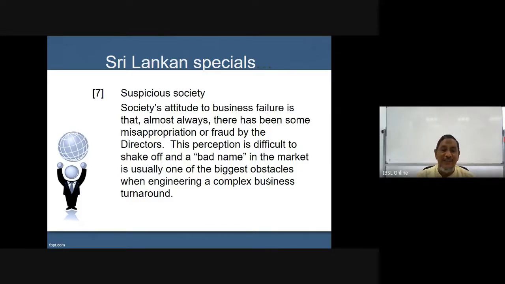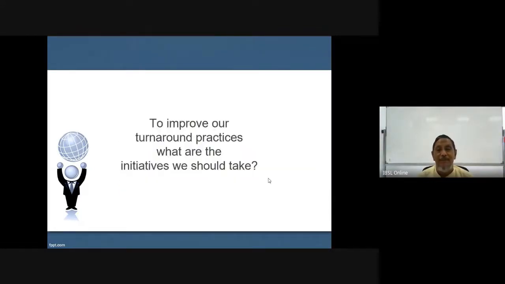CDB Development Finance, Centric Lanka, they changed the name. Only Golden Key is there for the hospital. All other names have been changed. So that is the biggest obstacle here, because the people or society is suspicious of fraud. That cannot be changed. So changing the name may be possible sometimes.